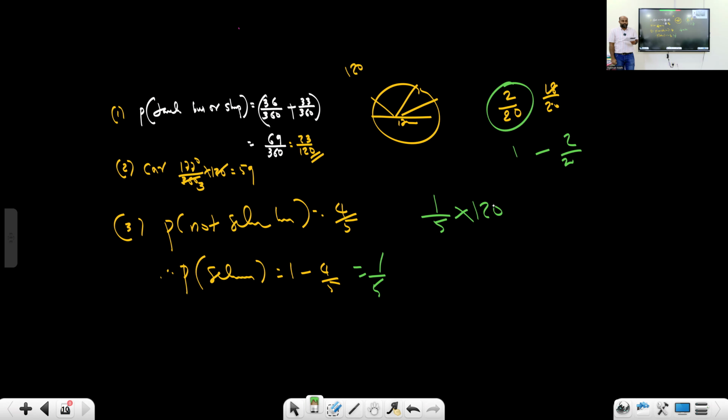Question number B. Given that, the probability of traveling by aeroplane is 7 by 60. Then I will find the number of people into 120.